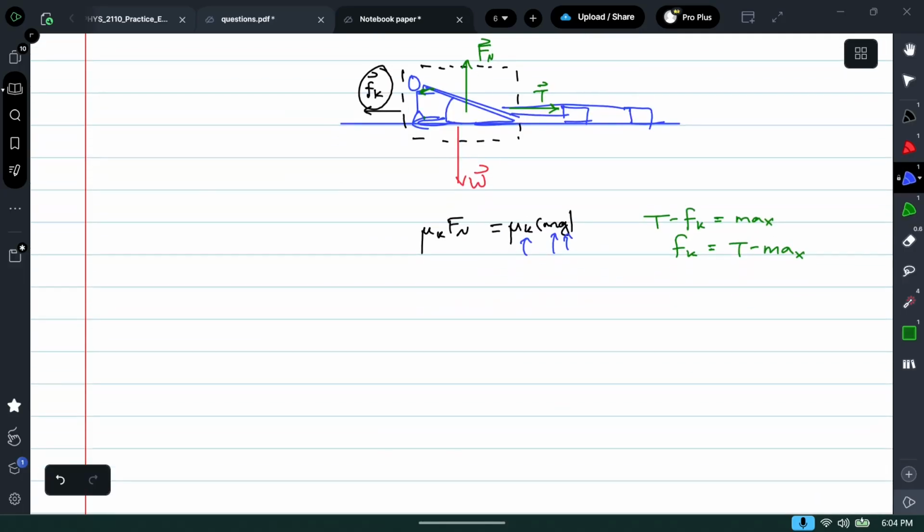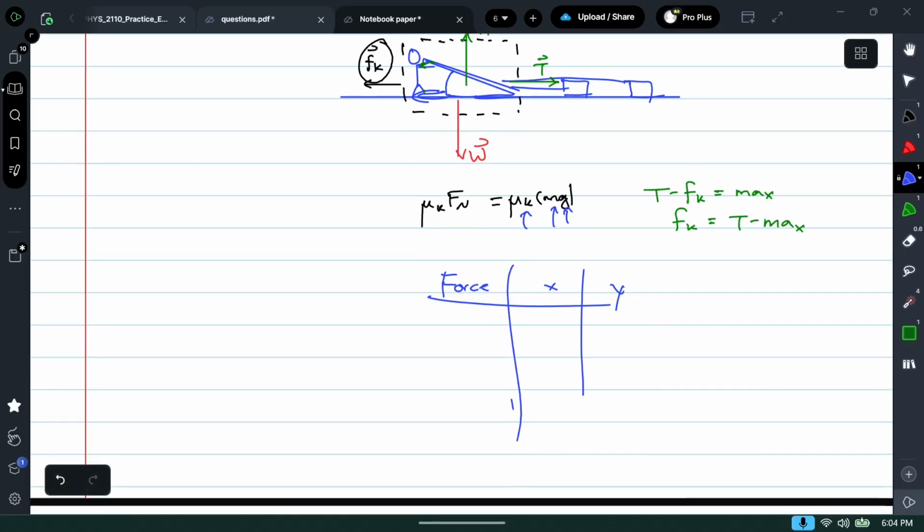I'll fill in the gaps a little bit. So force, x, y, tension, normal force, weight, kinetic friction. Find the net force.